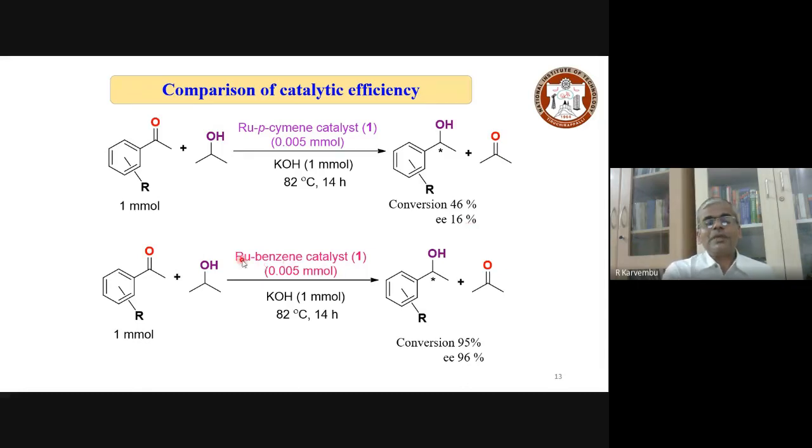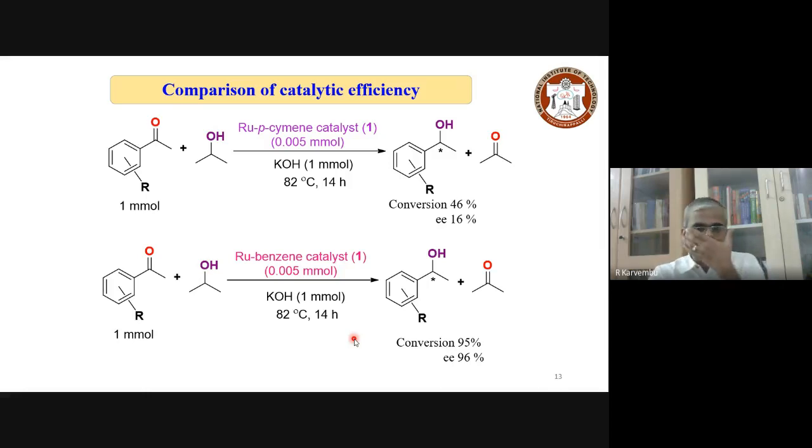But when we used ruthenium benzene as catalyst, after the same time, the conversion was 95%. So that gives you the activity of the catalyst. Ruthenium benzene is highly active, and the selectivity is very, very good. So ruthenium benzene catalysts are highly active and also selective in this asymmetric transfer hydrogenation reaction.